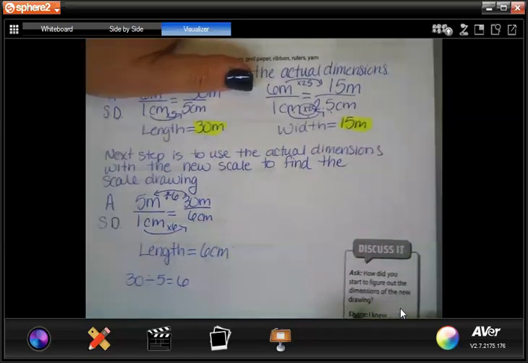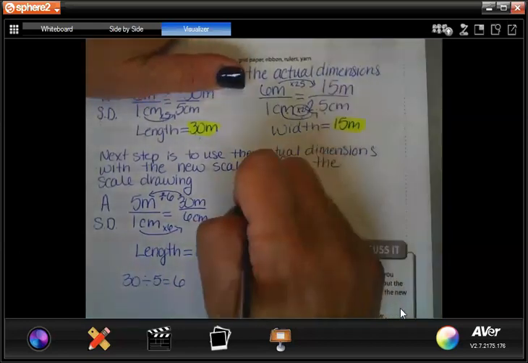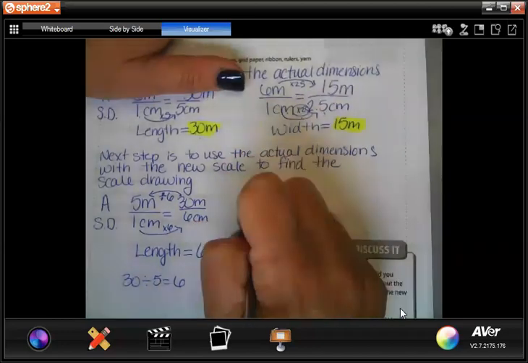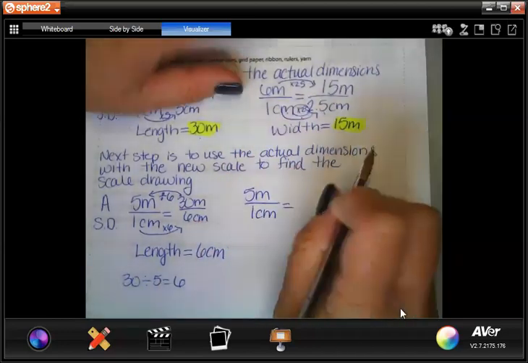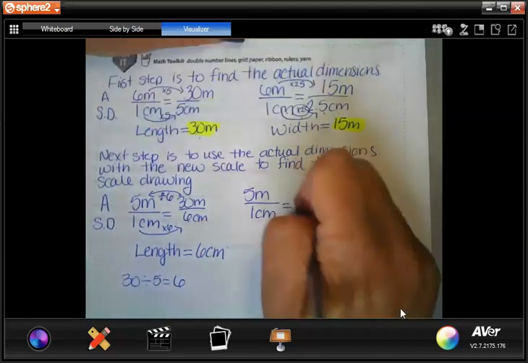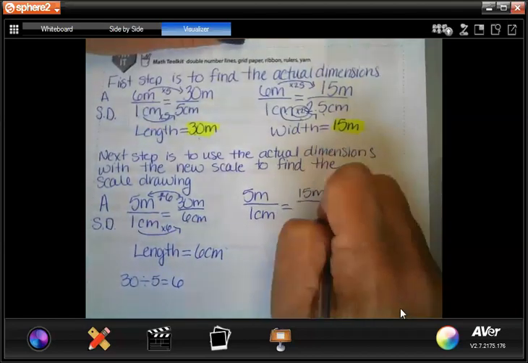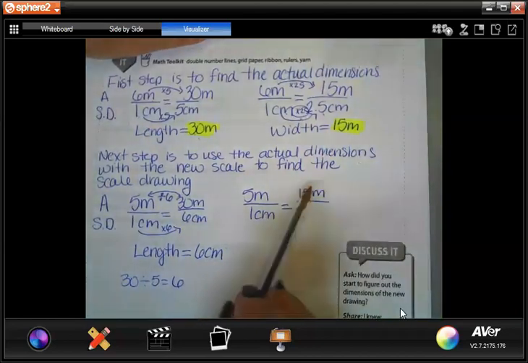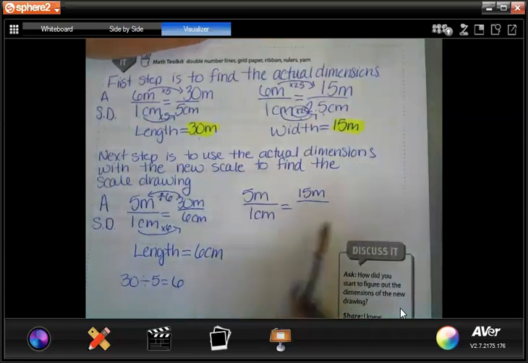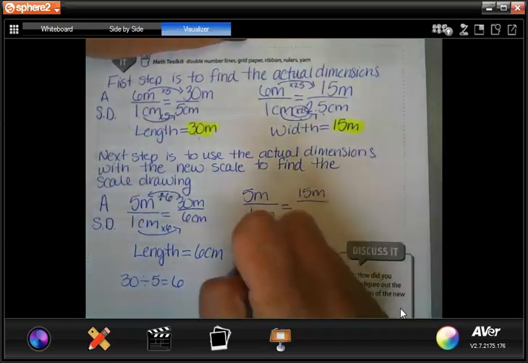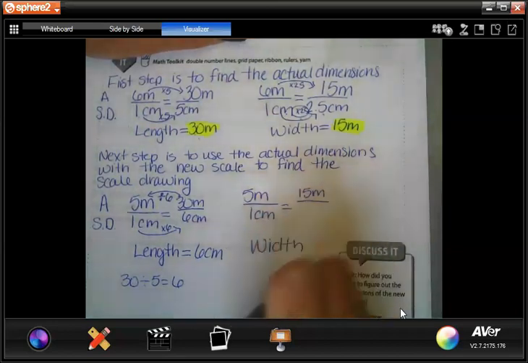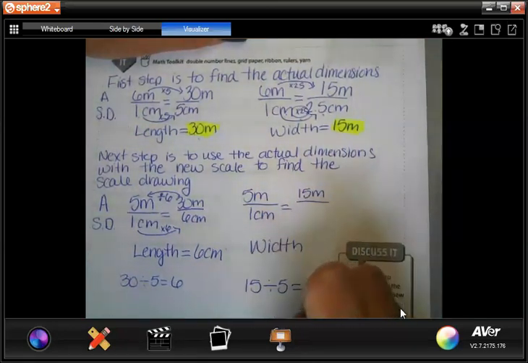Now let's do our width. So we use the same scale. We know the width is 15 meters. Since we know the actual amount, we're looking for the scale drawing, we divide. So 15 divided by 5 comes out to be 3, right?